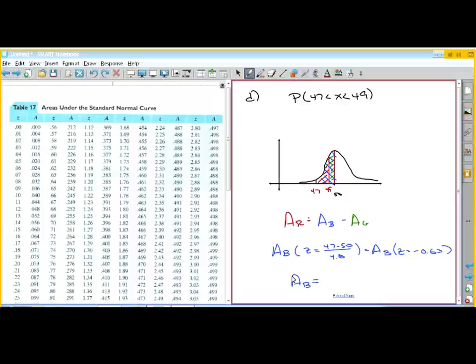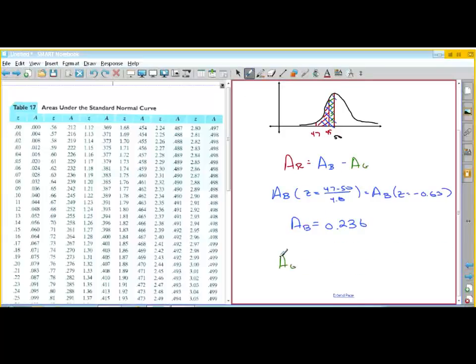Now, to find the area, we find the corresponding area for positive z because it's symmetric. So we go to our table, and 0.63 here is 0.236. So that's the blue area here.